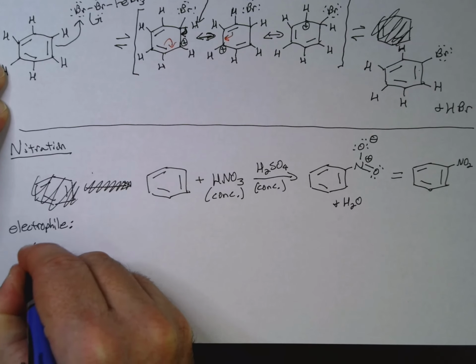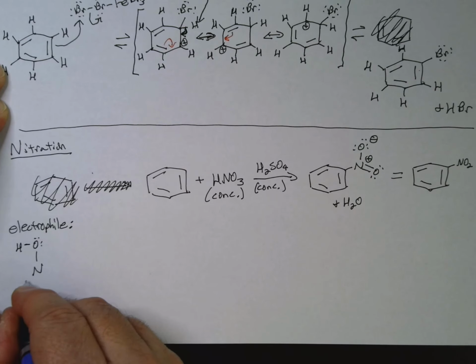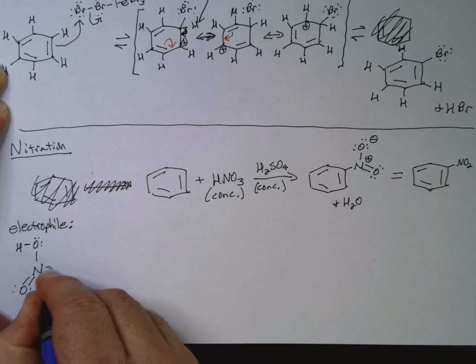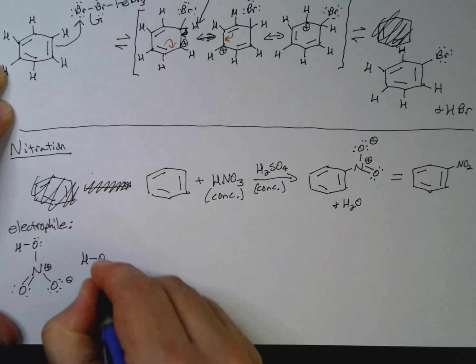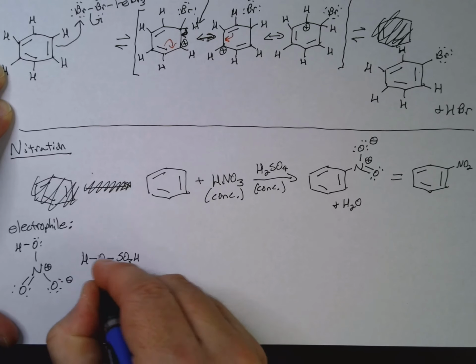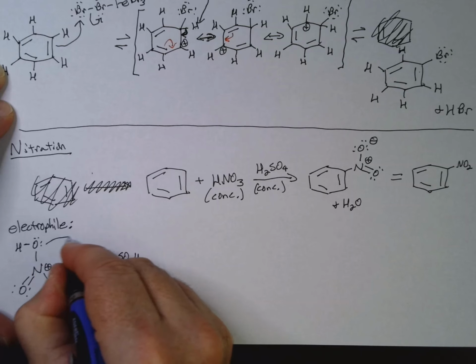So I'll draw a Lewis structure here for nitric acid. So here's our nitric acid. And then we'll have HO, and I'm not going to draw the rest of it, I'll just call it SO3H, the rest of our sulfuric acid.